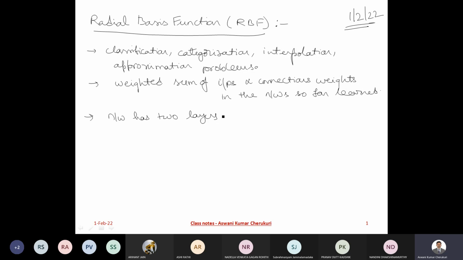I will just show the architecture diagram that is available in the book. The architecture is a two-layer architecture.